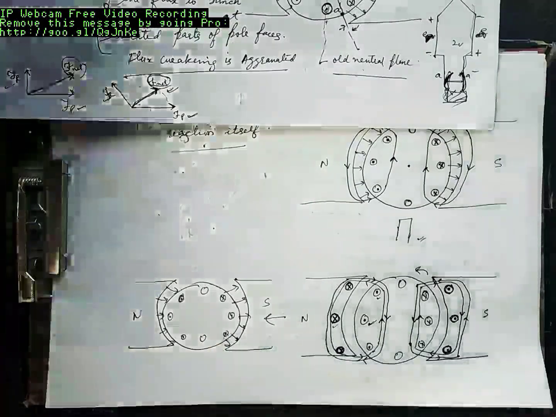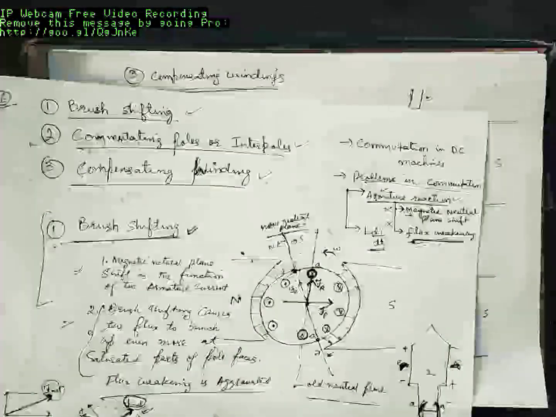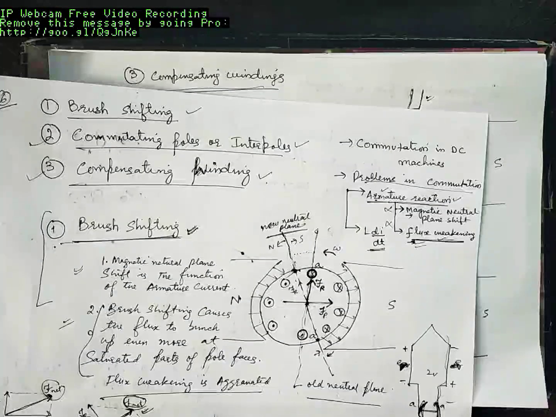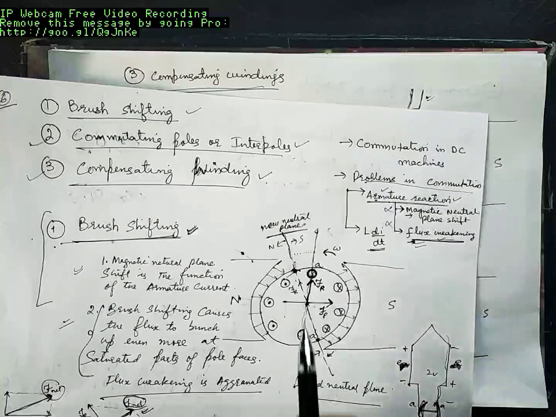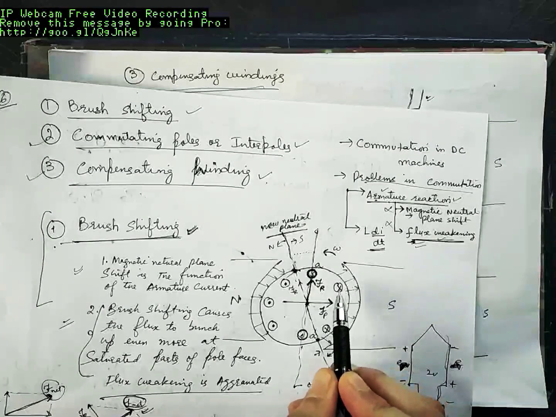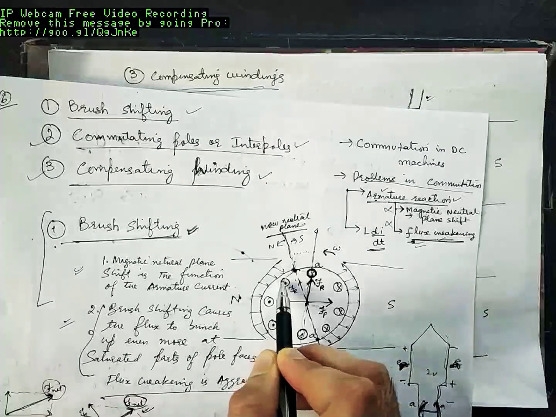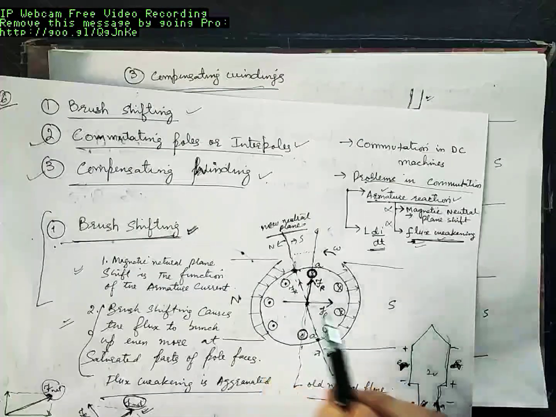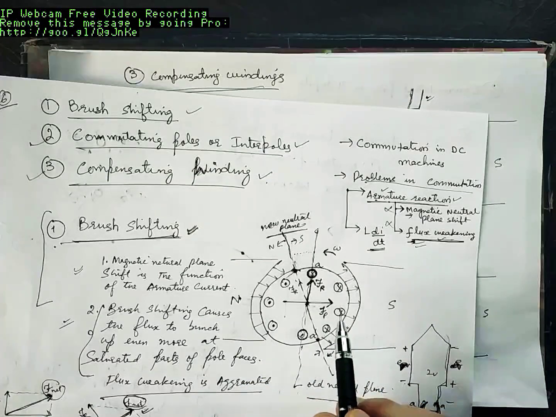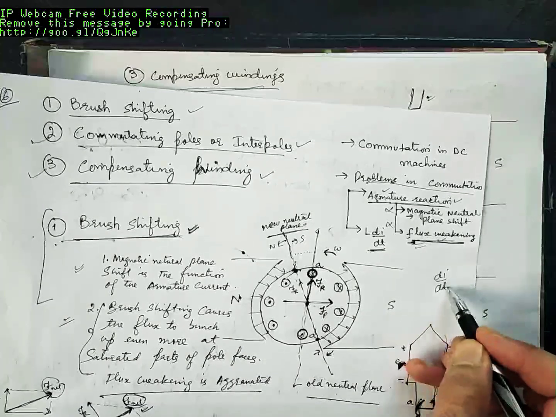Now what about this L di by dt effect? If you could remember, we discussed that whenever the conductors are under the south pole, current is flowing in one direction, then this conductor moves and comes under the north pole, and the current direction reverses. And this reversal of current takes place in a very small time. So there is large di divided by dt.